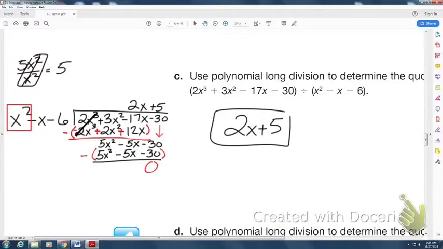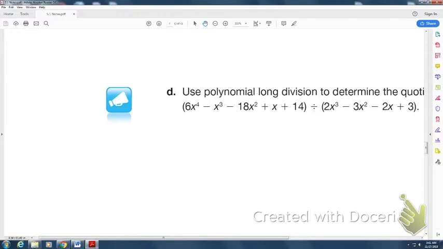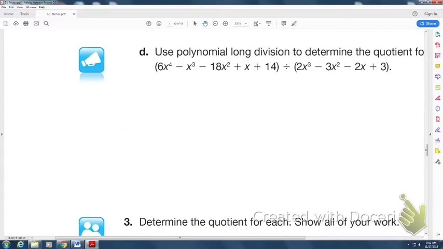Alright, let's go to the next problem. Go ahead and write this one out. Go ahead and set it up. Most problems, especially on the homework, will already be set up for you.